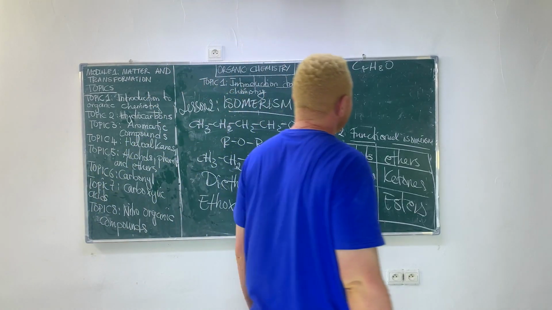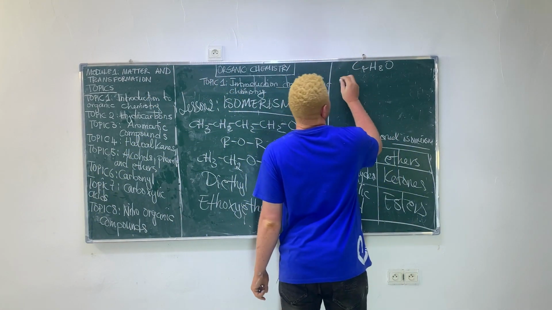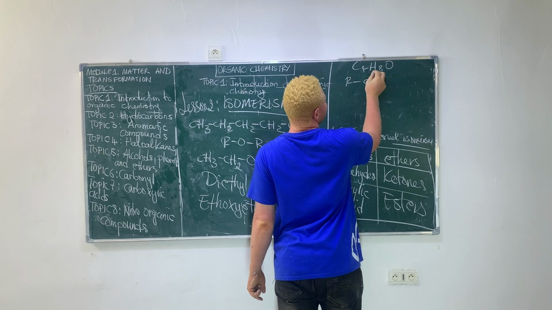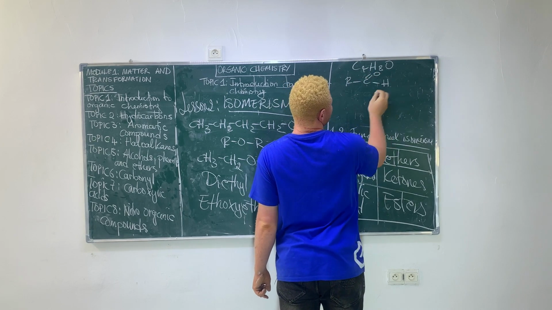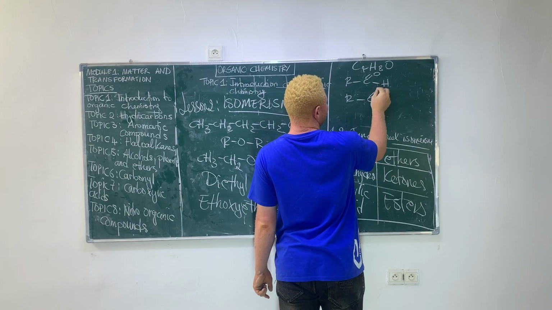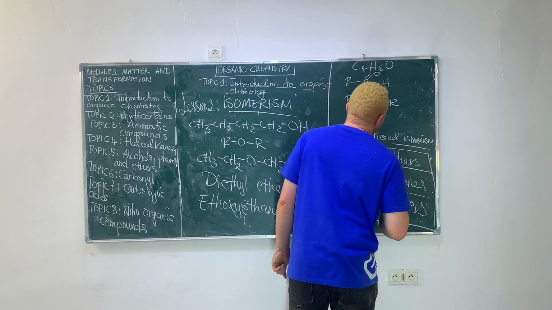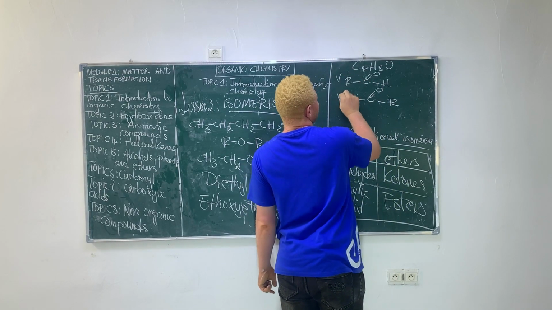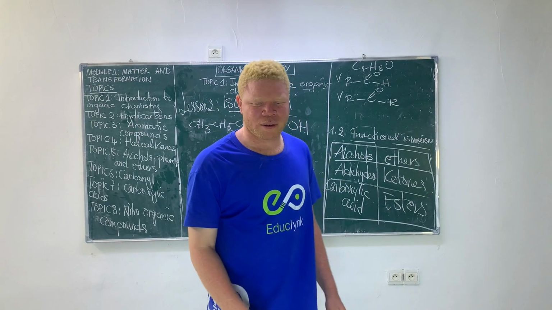So I start with the aldehyde. Remember that aldehyde is RC double O H. Ketone is RC double O R. I have to give you the aldehyde and the ketone formula.